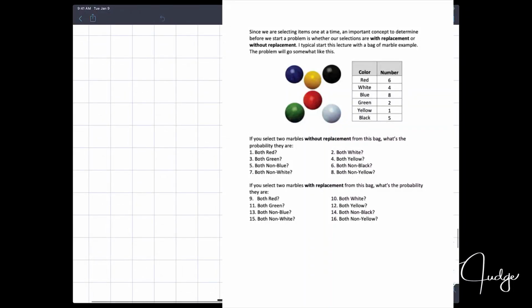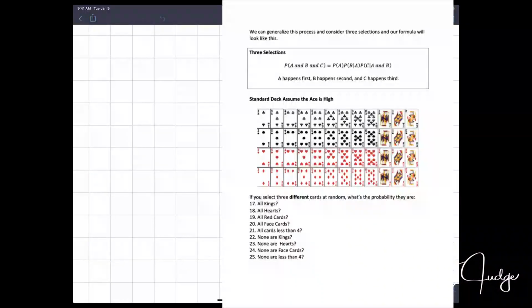I'm going to continue with this particular note, so we're now going to go to the next portion here.